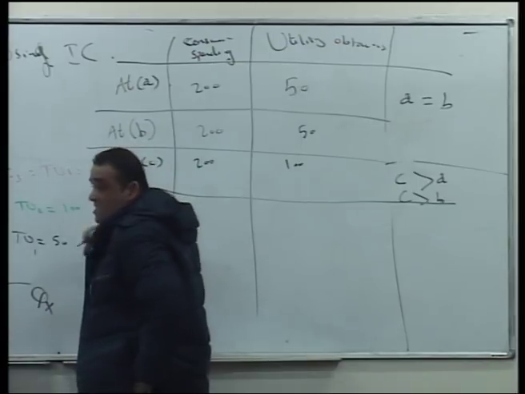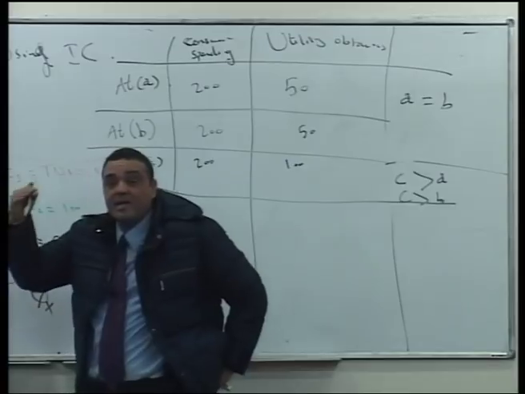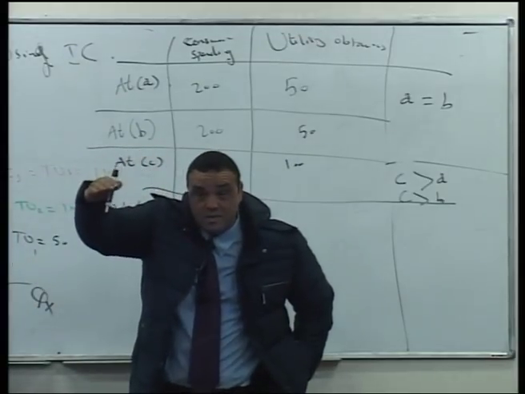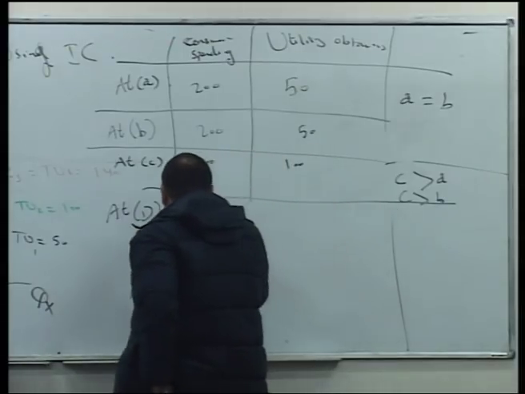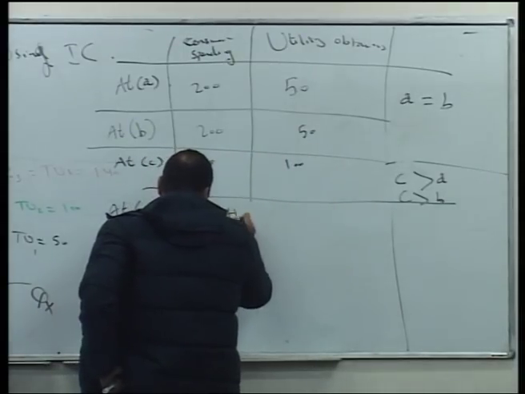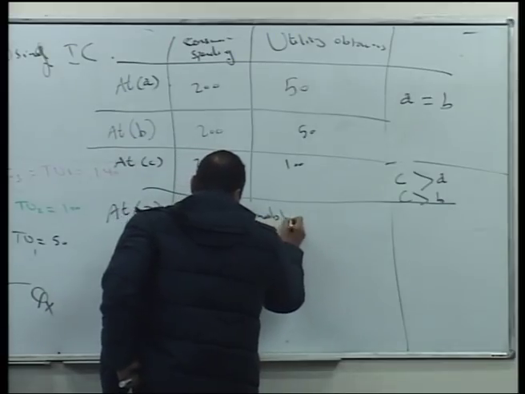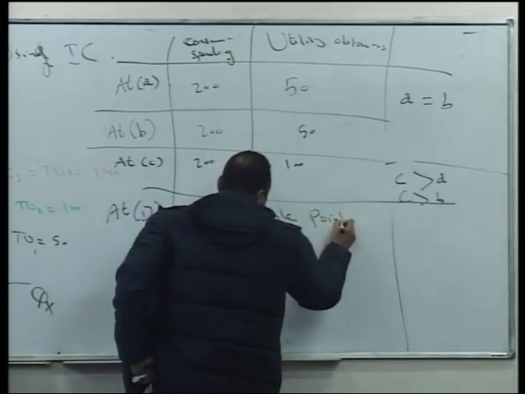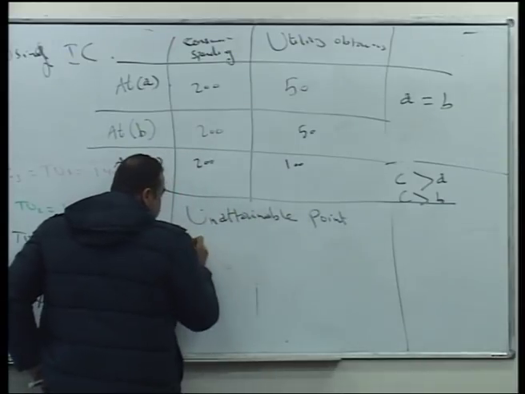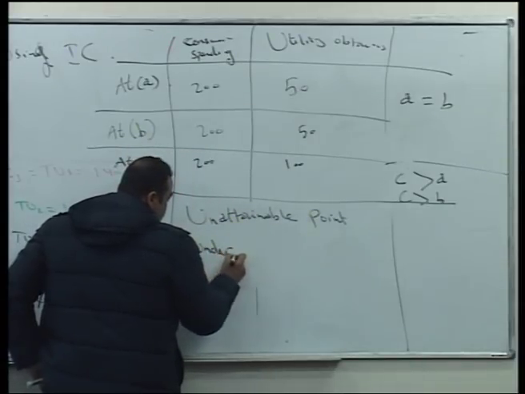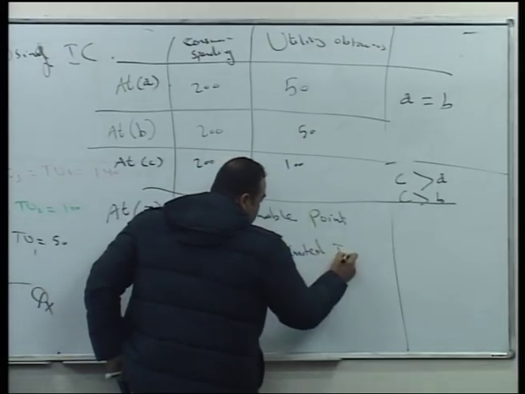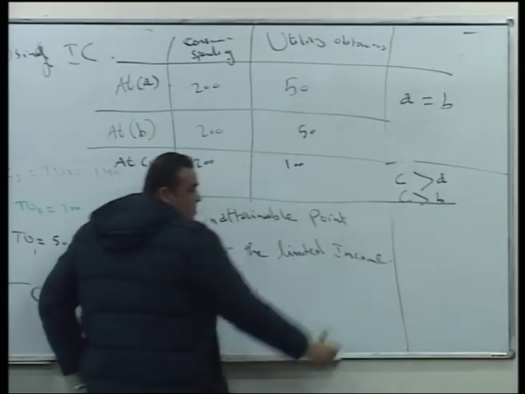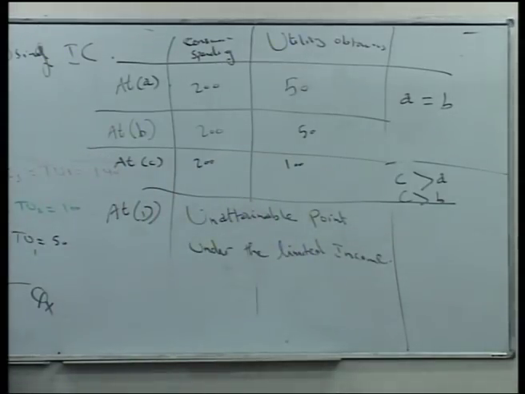I don't know how much is the spending because he works under a limited income, but he will try. بيسموها unattainable point, under the limited income. في ظل دخله المحدود ما بيقدر يوصل لها. تمام؟ طيب.